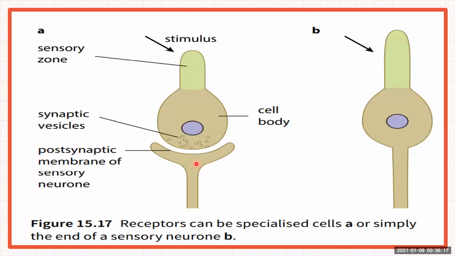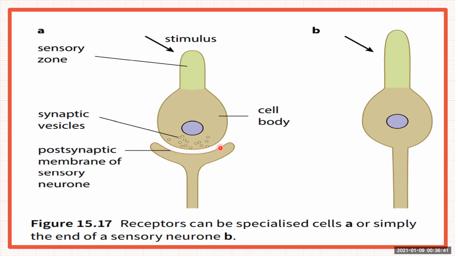So in this picture, we are looking at two types of receptors. These are the specialized type of receptors that they're showing you here. So this is the stimulus, this is a cell body, right? And this is what we call the presynaptic membrane, and this is the postsynaptic membrane. This is the part of the sensory neuron, okay?